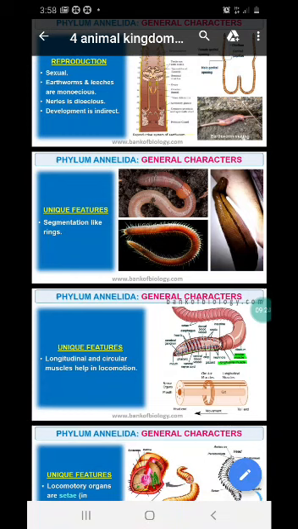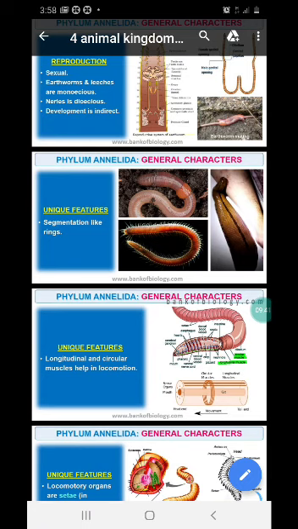Coming to reproduction, they reproduce by sexual means. Earthworms and leeches are monoecious, that is, both the sex organs are present in the same organism.